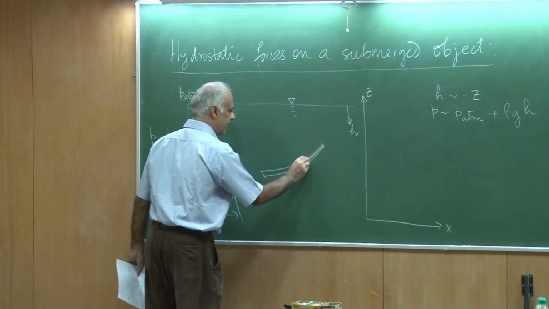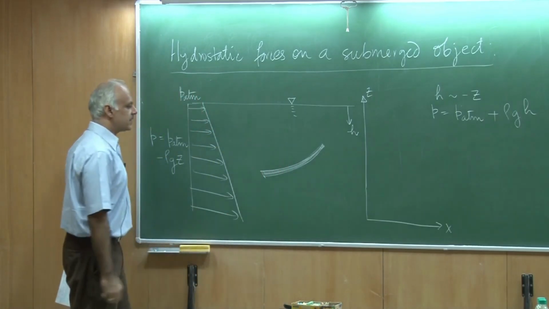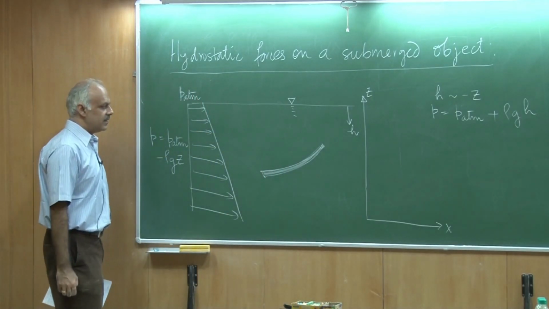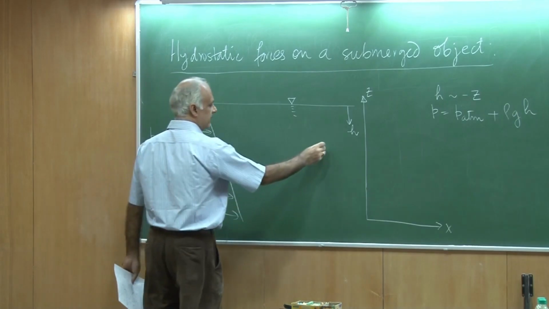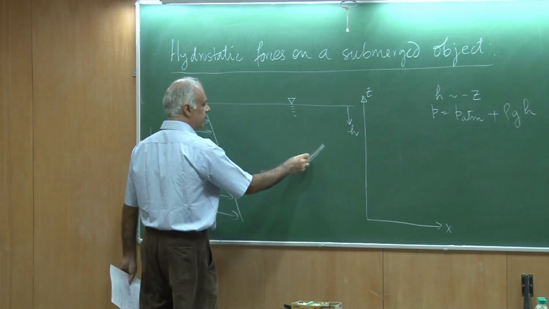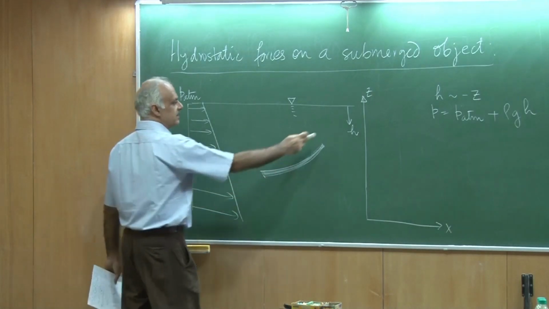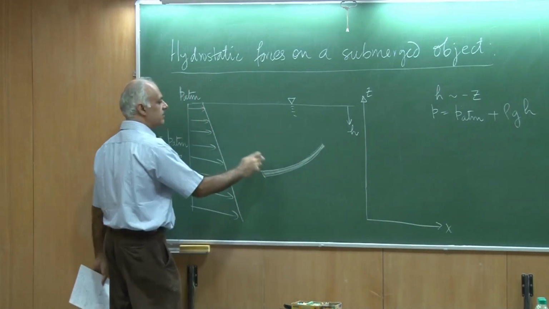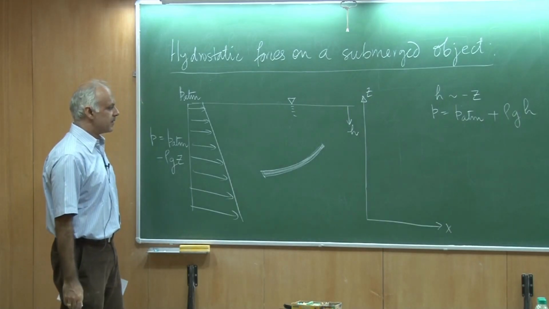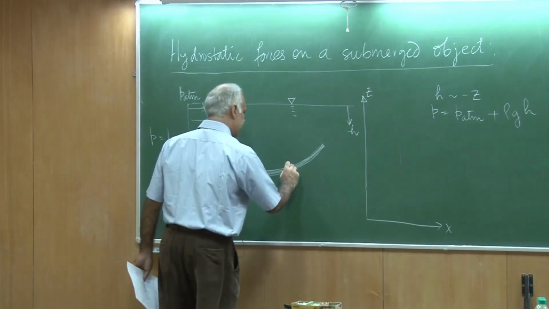So our basic aim is to look at the pressure on this submerged object. Now notice that the pressure at different points would be different simply because this height h of the water column is different. Okay. So let me choose a small area.